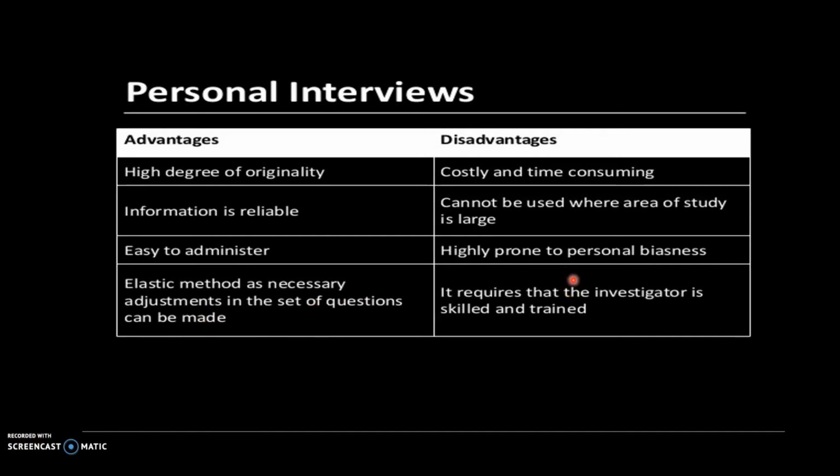Then children, what are the disadvantages of these personal interviews? First one is costly and time consuming. Then cannot be used where area of study is large. Then highly prone to personal biasness. Biasness means errors. It requires that the investigator is skilled and trained. So these are the main disadvantages of this personal interview.